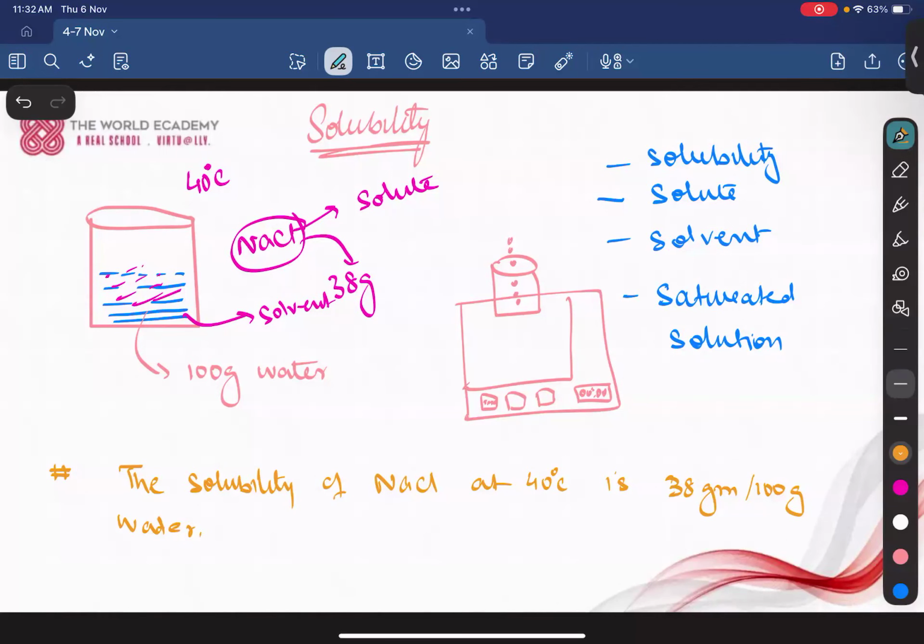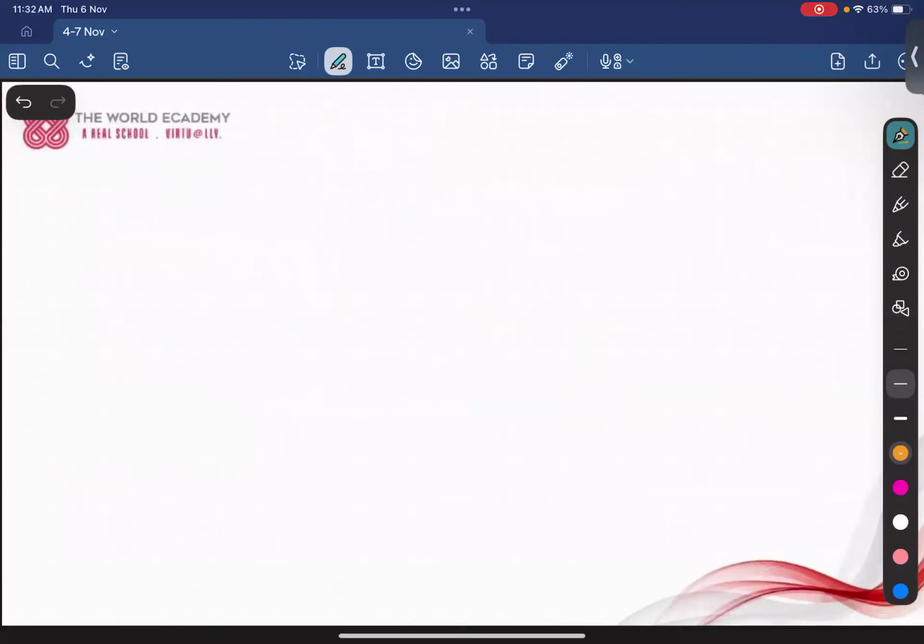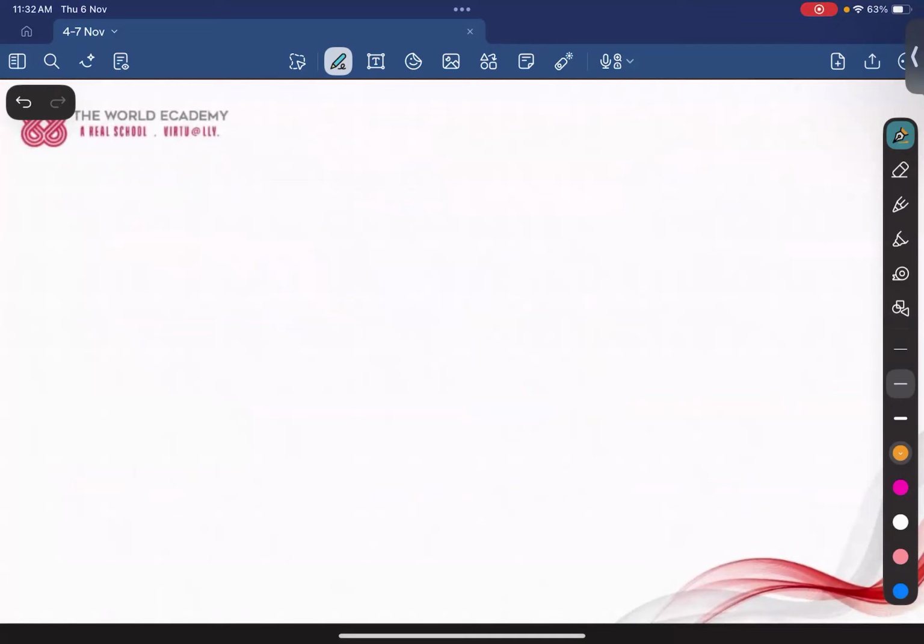Okay. So, got it? Everyone? Okay. So, let's move to the next part. Solubility curves, actually. What do you mean by solubility curve?